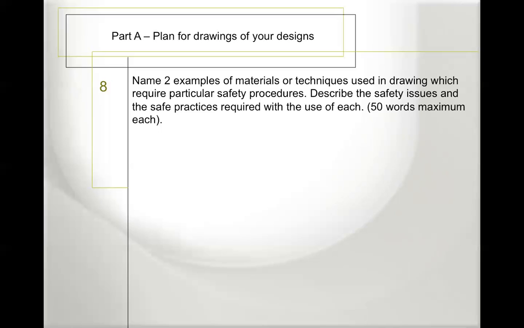So basically, look, just the basic procedures, that's all you need to do. You know, pencils, knives, etc. Safety issues, yeah. It's just because each unit you study has got an OHS component in it.